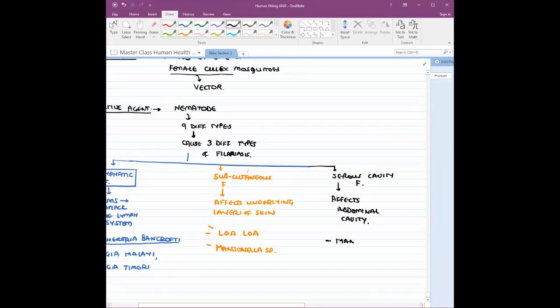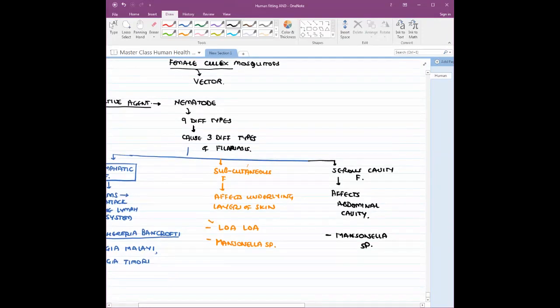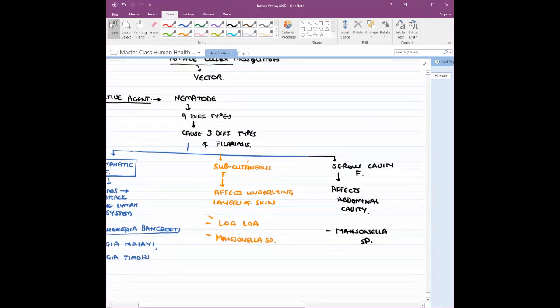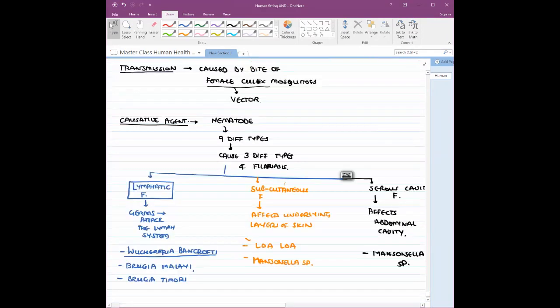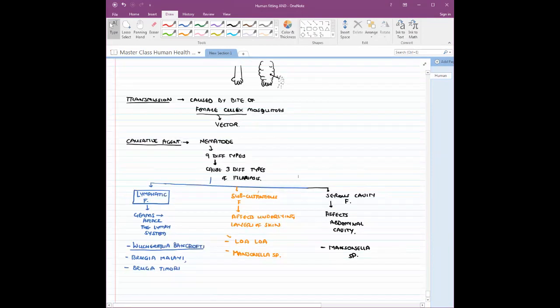Once again, here also we have Mansonella species. But now let's try to understand, guys, what exactly is going to happen. First have a look, then we'll see how the life cycle is going to be divided.